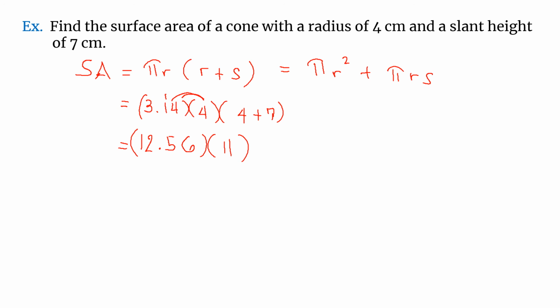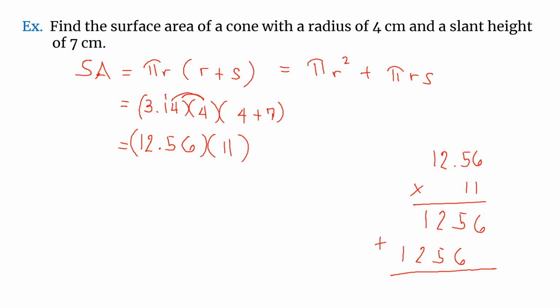Yun. So, let us multiply 12.56 times 11. So, we have 1 times 6 is 6, 1 times 5 is 5, 1 times 2 is 2, then 1 times 1 is 1. Sa baba, same rin. 6, we have 5, and then 2, tapos 1. Kasi nga, 1 din lang naman. Then time to add, bring down the last 6. 5 plus 6 is 11, carry 1, plus 2 is 3, plus 5 is 8, 1 plus 2 is 3, and then bring down 1.